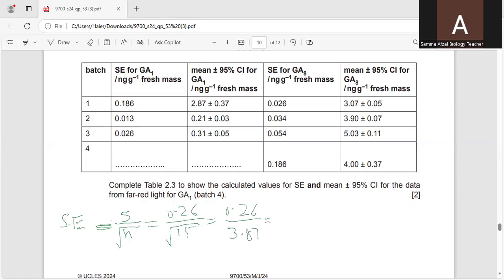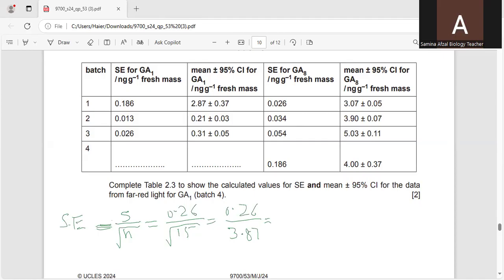You can also calculate with me, so you will better understand the way I have calculated. So it is 0.26 divided by 3.87.